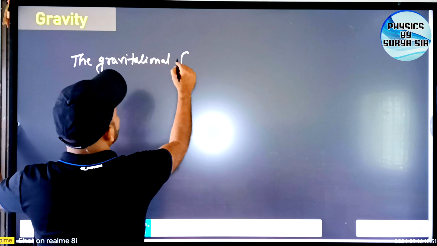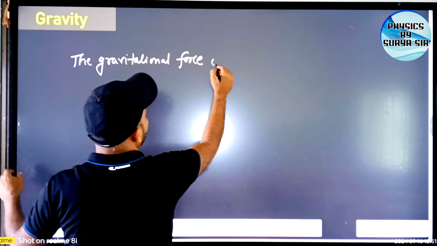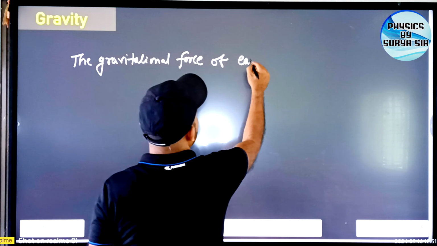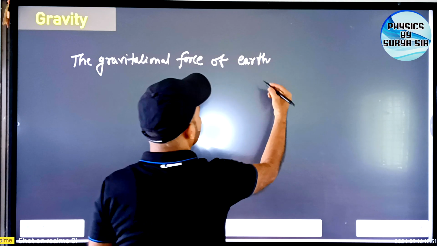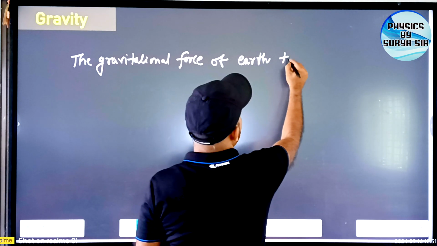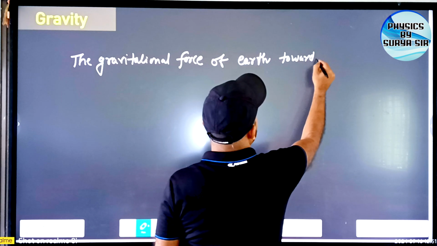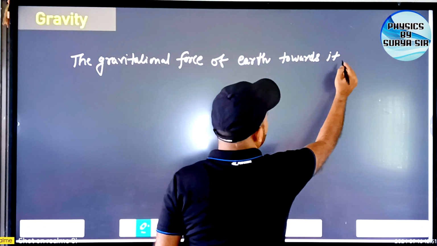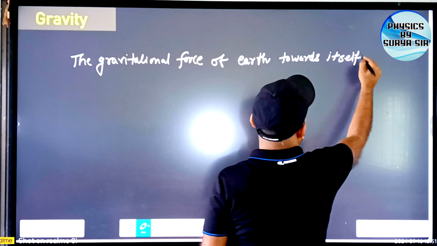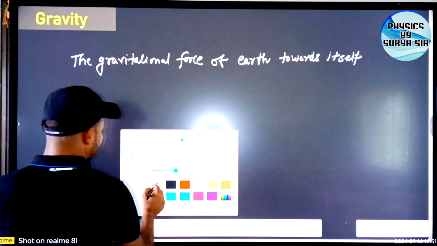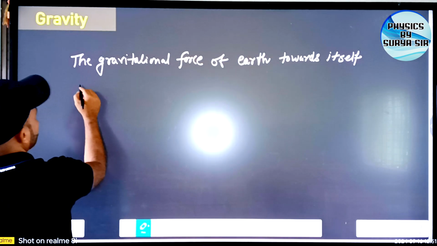The gravitational force of earth towards itself is called gravity.